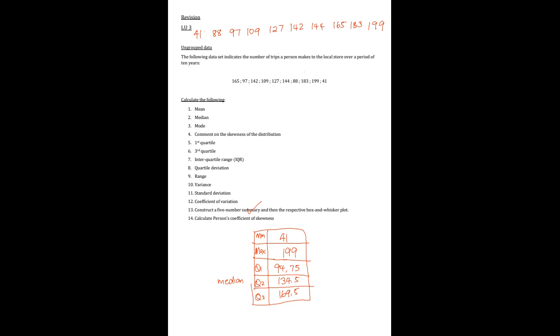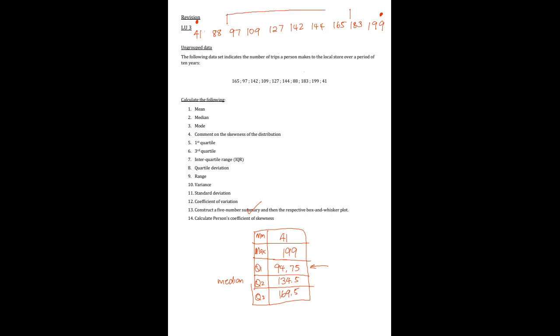The first thing you're going to do is put a dot in at your minimum and your maximum. So here's your minimum at 41. Your maximum is 199. Then you're going to draw a line at Q1, which is 94.75, according to this 5-number summary. Then you have your Q3, which is 169.5.